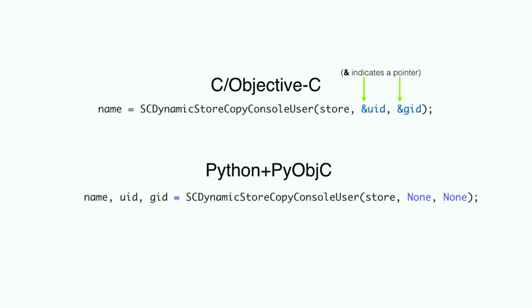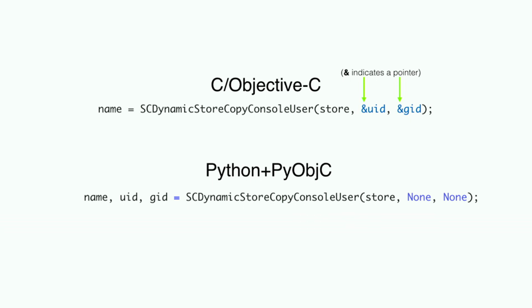We're not passing the value of the UID, the value of the GID, we're passing the actual address to that bucket. Python doesn't do that. Instead, for Python, we just put nothing there. We just pass None for those, and the PyObjC bridge handles that for us magically. We don't have to think about it, and it just returns those values directly as part of the return.